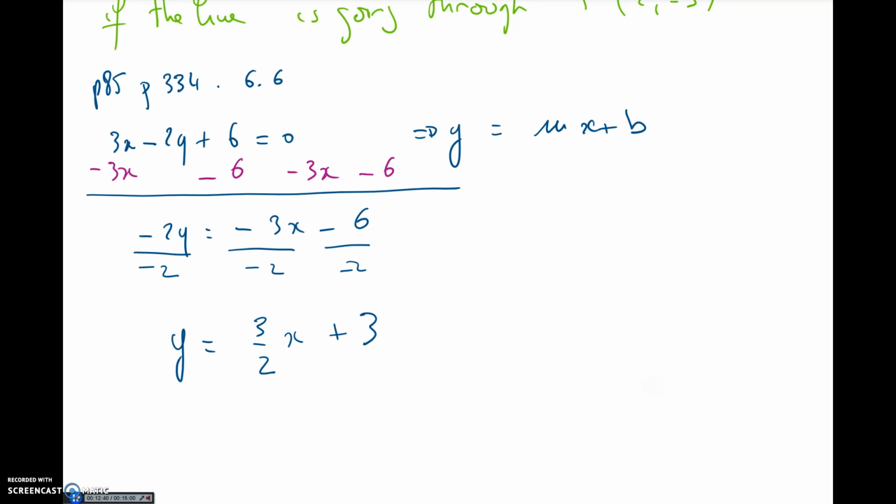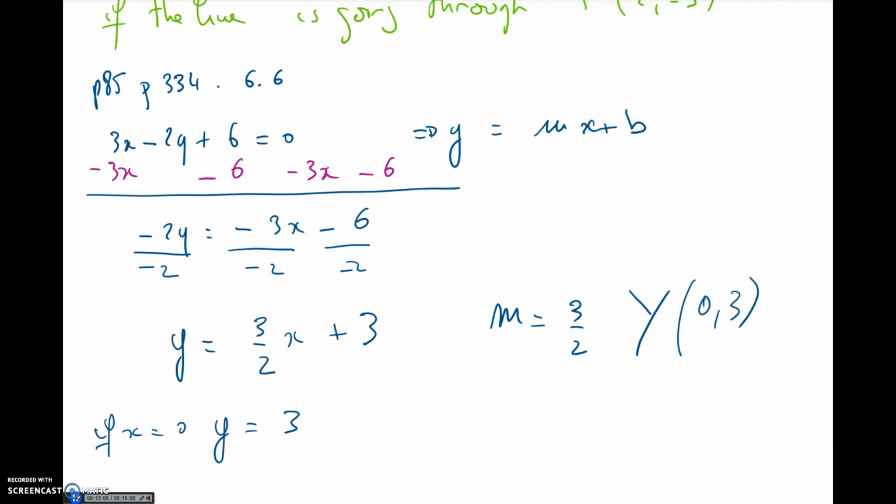Now you have the slope m equals 3 over 2, and the y-intercept, which is the value of y when x equals 0. If x equals 0, y is equal to 3. Do you agree? So the y-intercept is 0, 3.